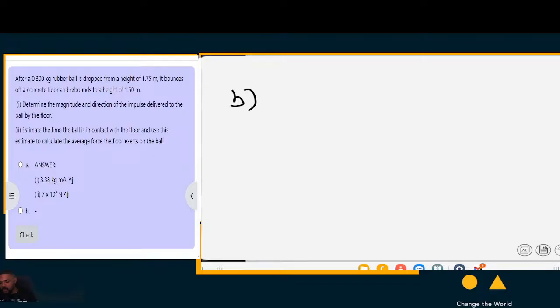How do we calculate this? We need to estimate the time that this ball is in contact with the floor. So I'm going to take an estimate, and this is what I hate about this problem. They should have just told you.